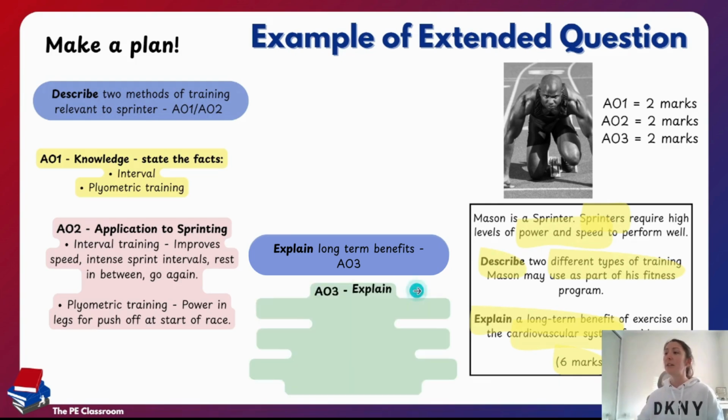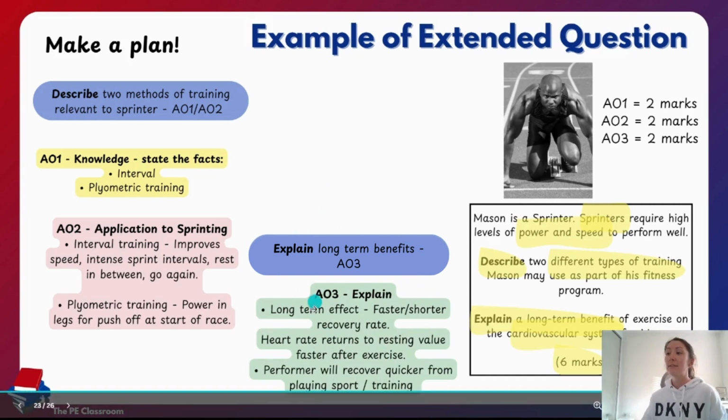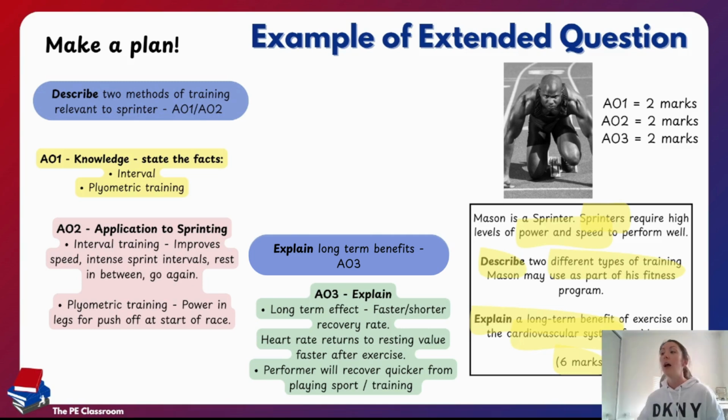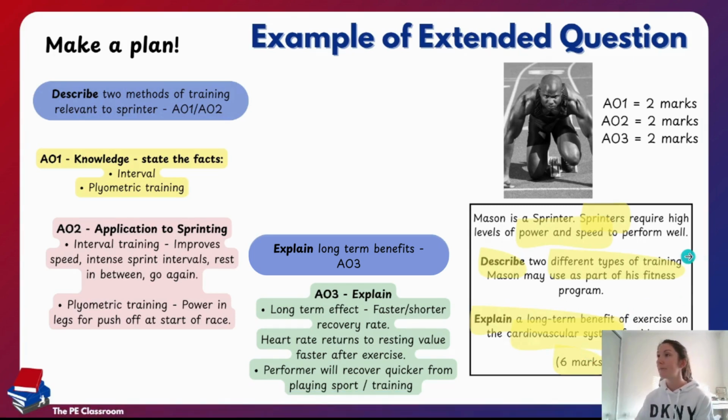Now, for the long-term benefits, you just need to explain a long-term benefit and then talk about how it helps the sprinter with their performance. And again, to point out, it asks about a cardiovascular system benefit. If you talk about anything else, you wouldn't get the marks.